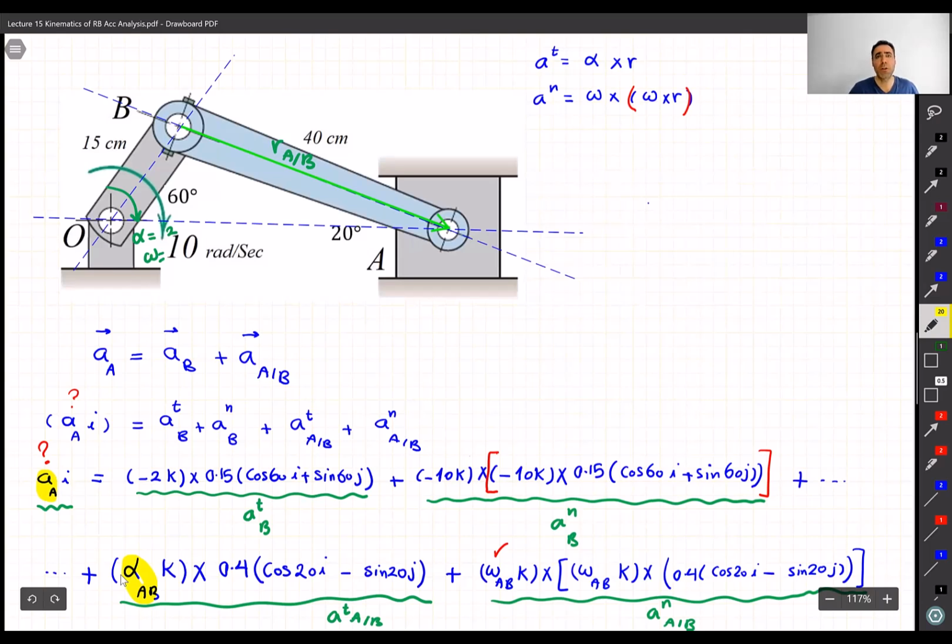It is also important to find it because in the next chapter you will see we need this alpha AB when we want to find the forces at the joints A, B, and O. You may wonder why we are calculating these: we need to design the joint and bearing for this mechanism. Not in this course, in the future.